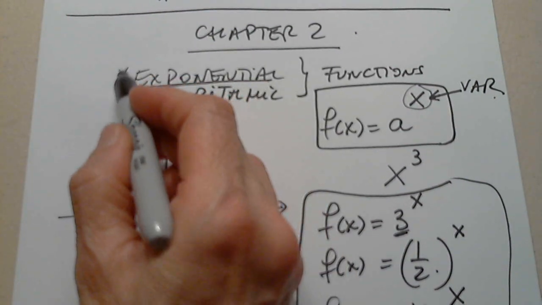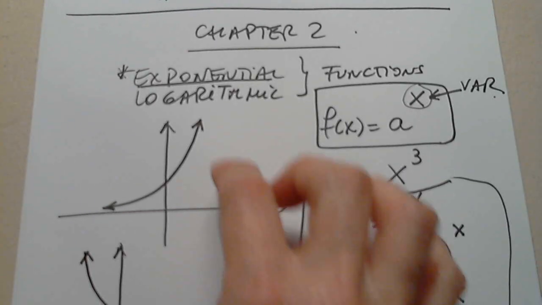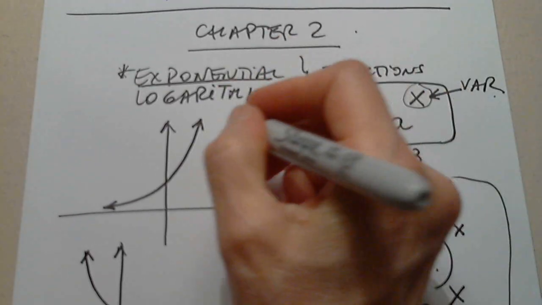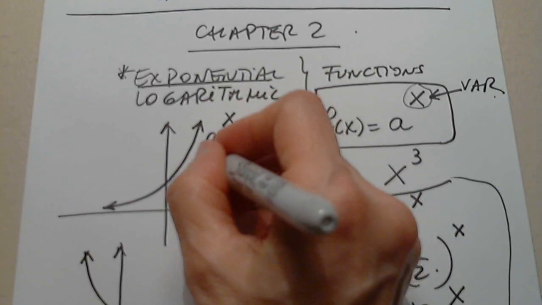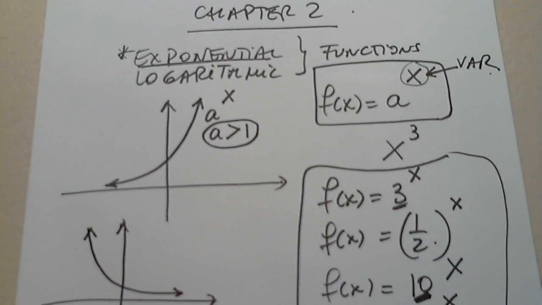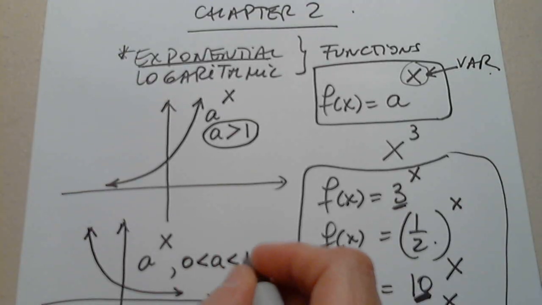So this exponential function has two different options, like the quadratic function, opening up or opening down, upward, downward. The same thing here. So this is a to the x for a number greater than 1. This is a to the x as well, but for a between 0 and 1.